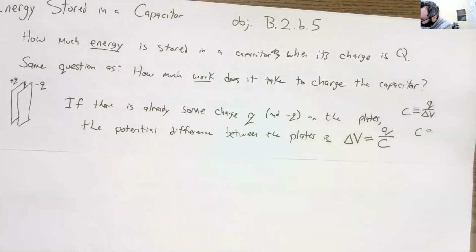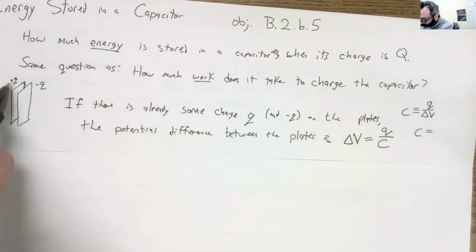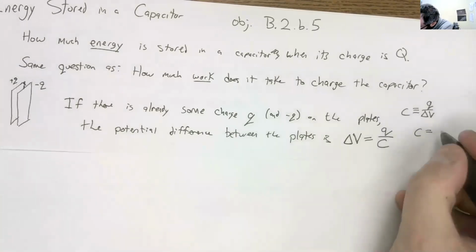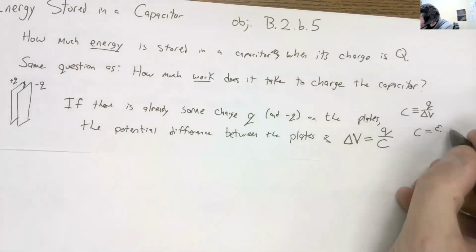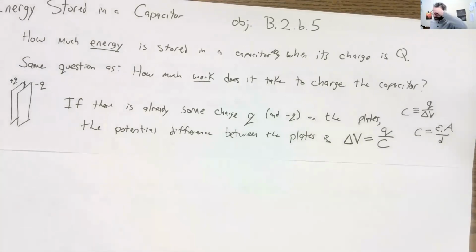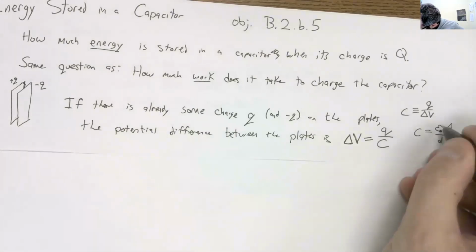Charge density over electric field could be in there, but instead of in terms of charge density, which would be Q over the area, we also found the expression that it was just epsilon naught times the area divided by d, the distance between the plates, which is the same as saying it's the charge density times the area divided by the electric field times d, which I think was part of our work last time.